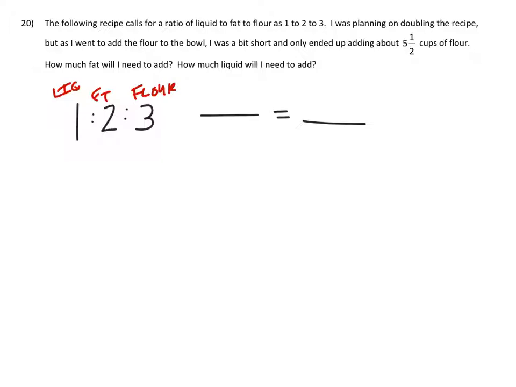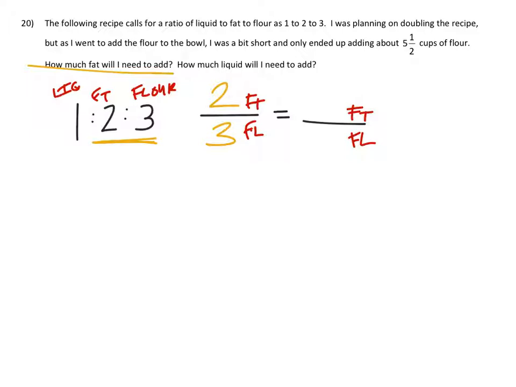We can do, let's figure out this first one, okay? How much fat will I need? So I can do a comparison of fat to flour, which means that this one also will be fat to flour, okay? Well, right there, you're just using the ratio. It had 2 parts fat for 3 parts of flour.